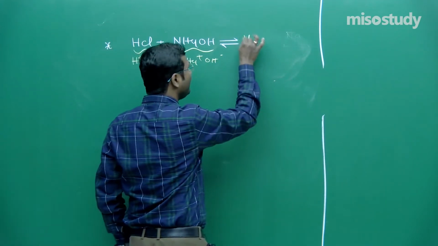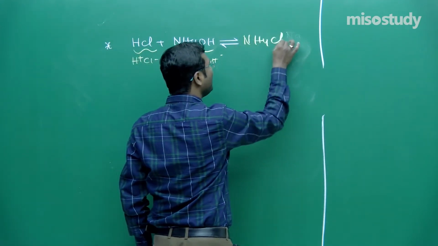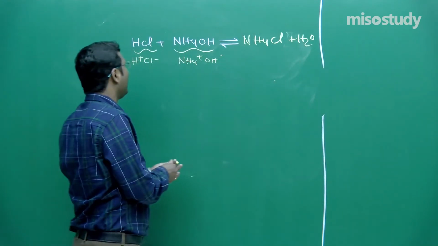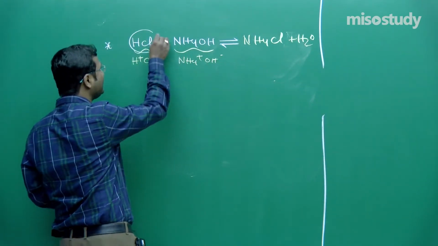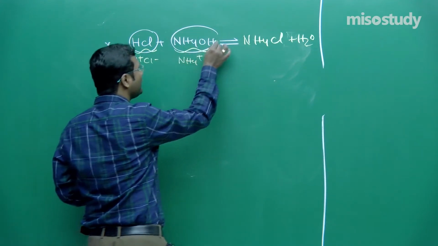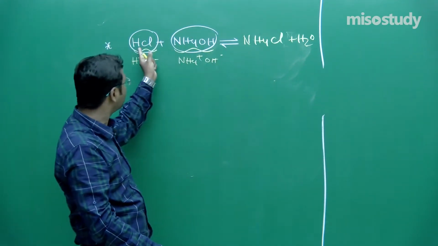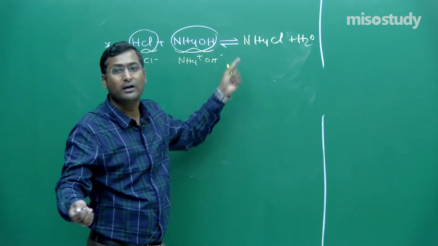So it will give NH4Cl plus H2O. Friends, is it clear to you? Now, it is a strong acid and a weak base. So this salt is a salt of a strong acid and a weak base.